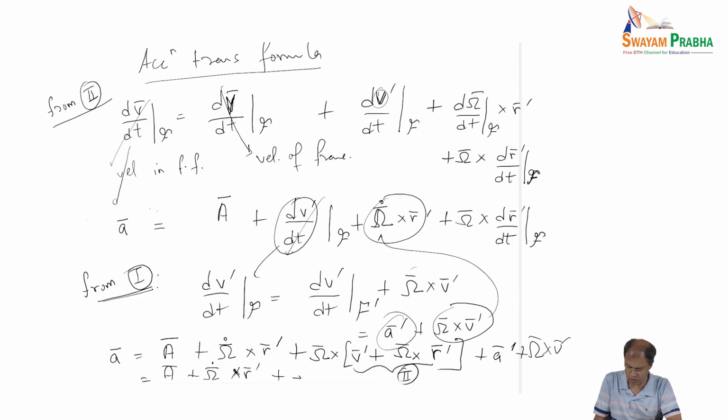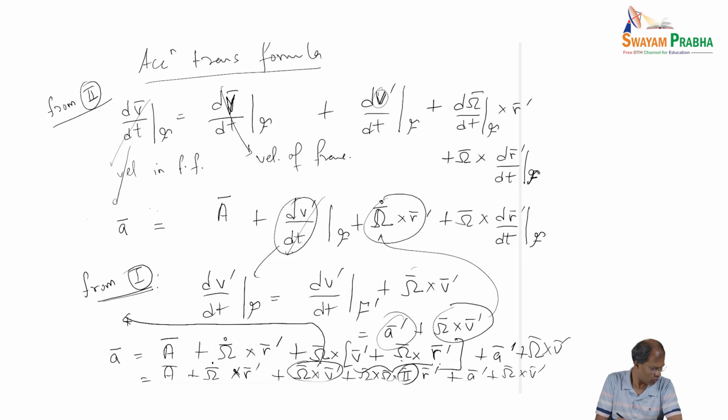And then there are these new quantities, omega cross v prime, and if we distribute this cross of omega, plus omega cross omega cross r prime, plus a prime, plus omega cross v prime. We see that this quantity, in the literature of physics, in the literature of rigid body dynamics, is the so-called Coriolis term.